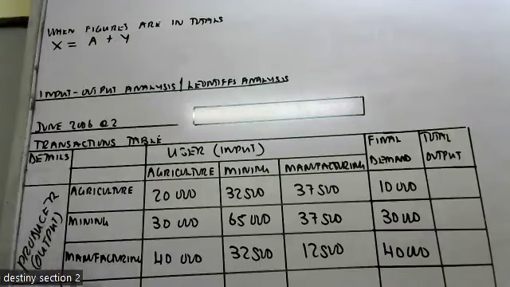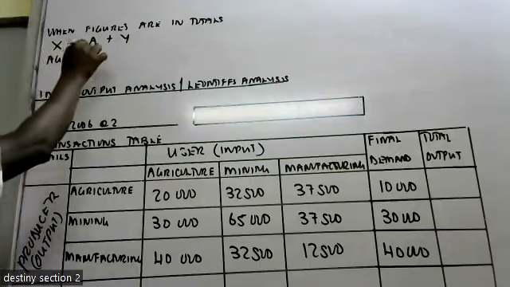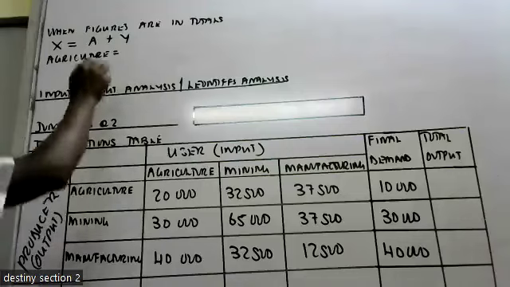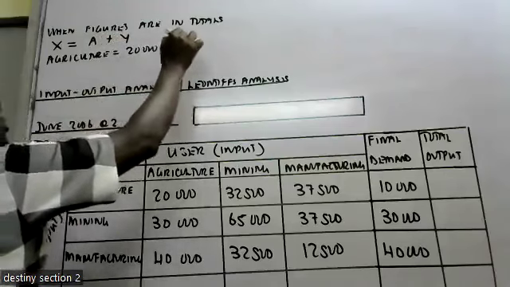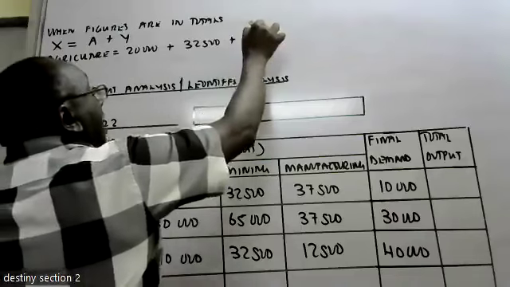So let's start with agriculture. If you want to know the total output of agriculture, you take the 20,000 plus that 2,500 plus that 7,500.